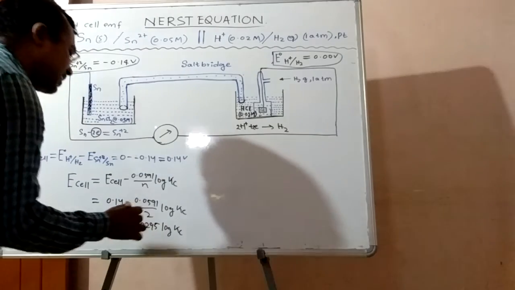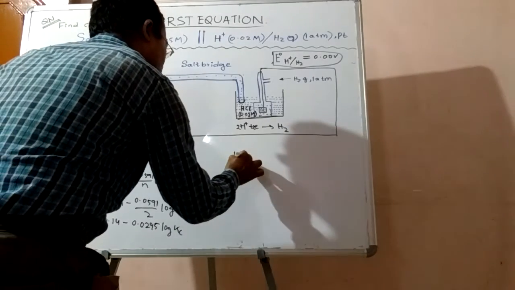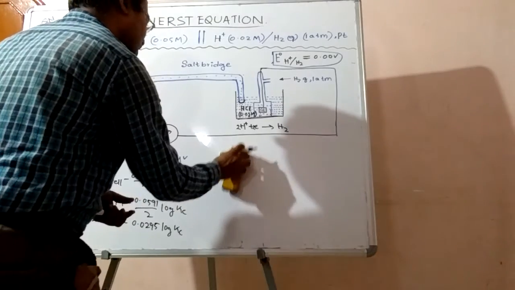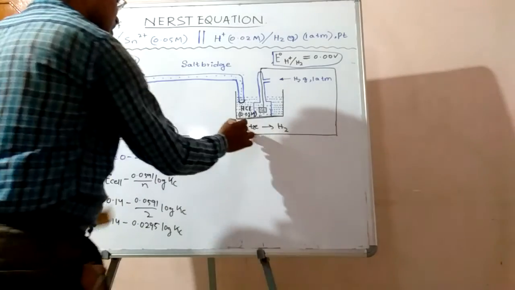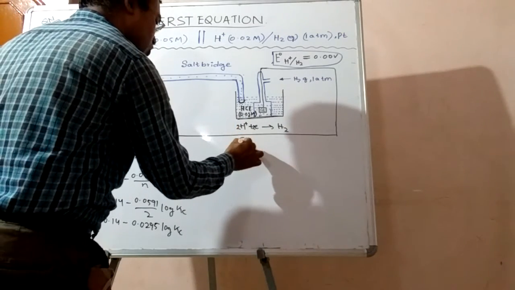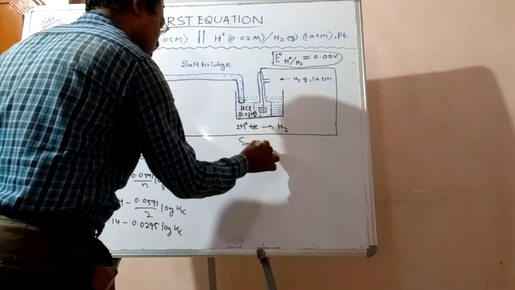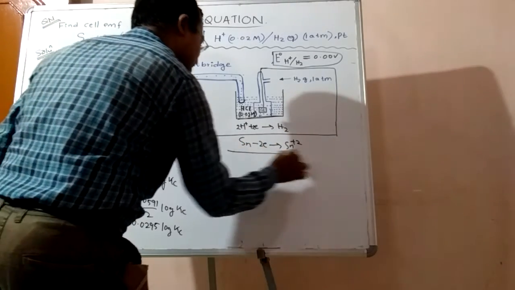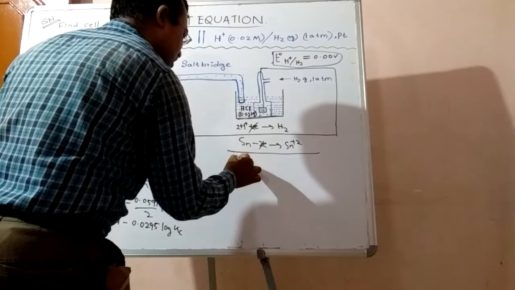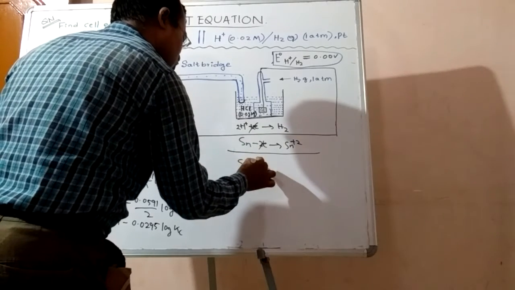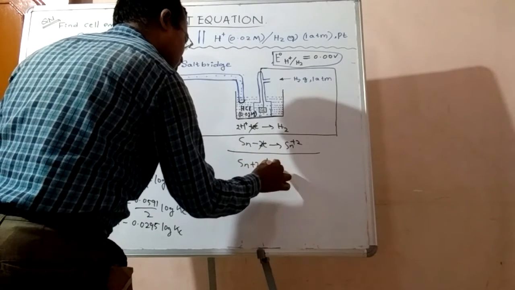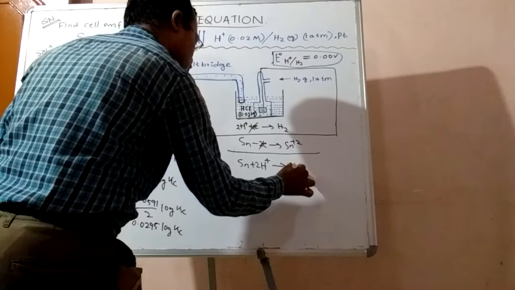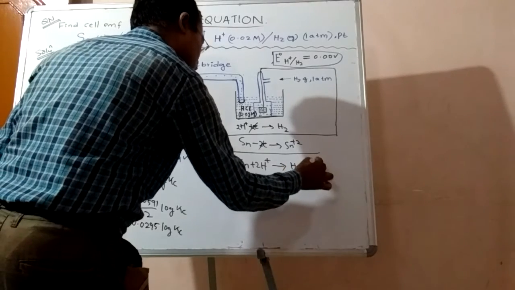Now we will find Kc. For Kc we have to write the overall reaction, so we add this reaction and this reaction. Sn minus 2e gives rise to Sn plus 2. On adding we will get Sn plus 2H plus gives rise to H2 plus Sn plus 2.